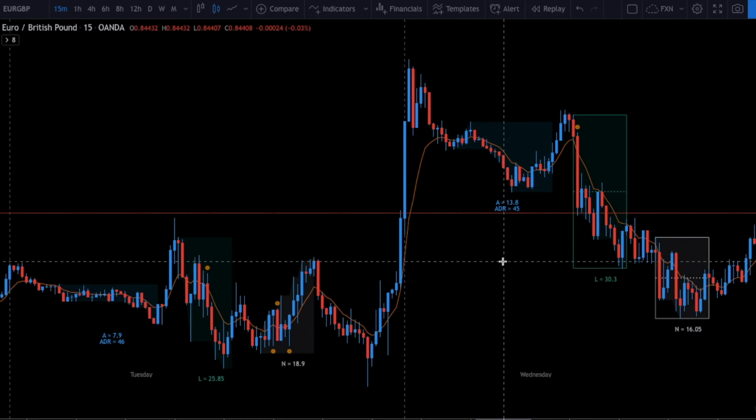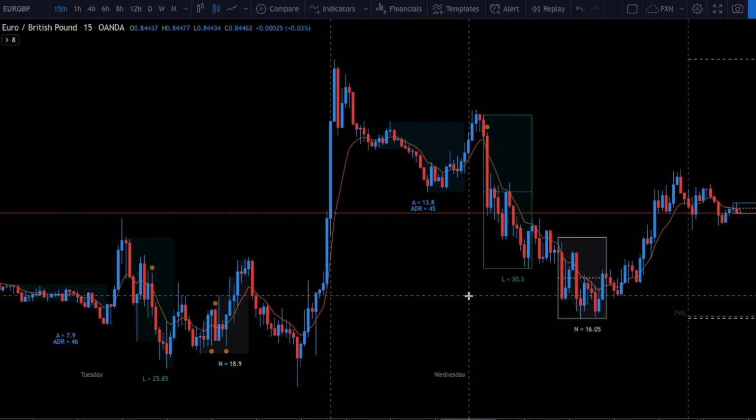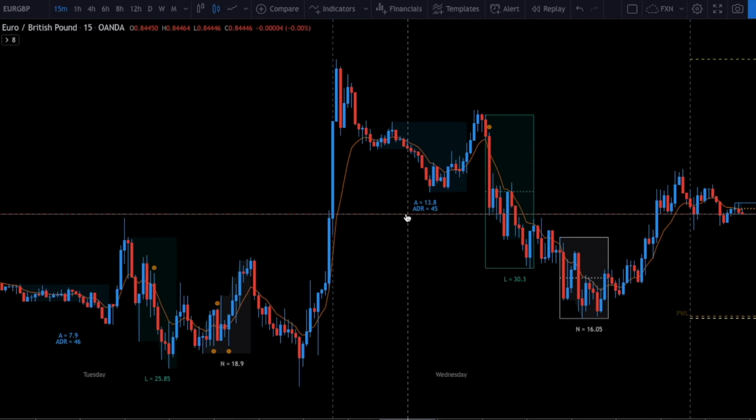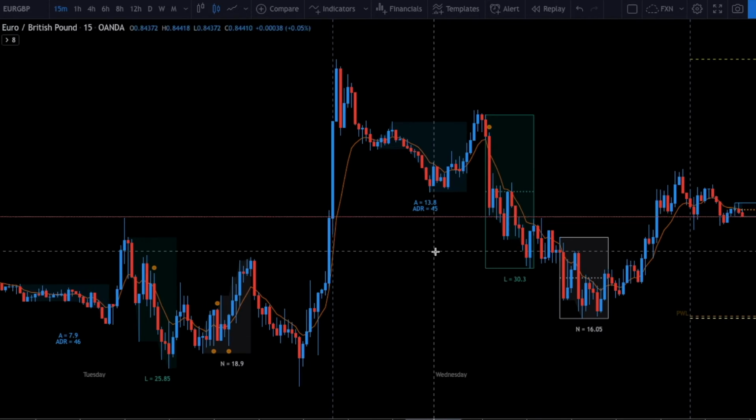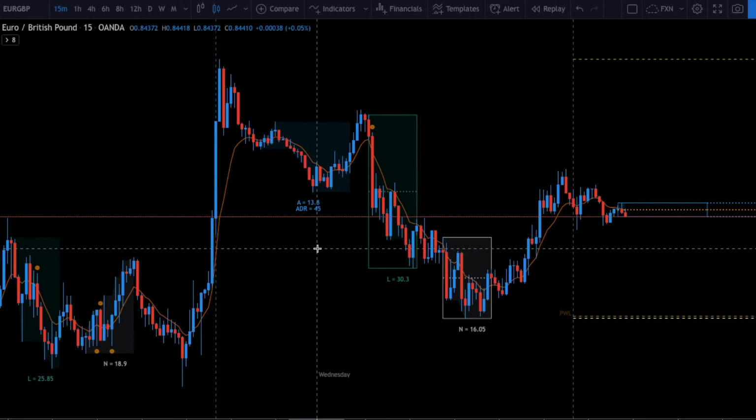Essentially, how I like to use this is to tell me when that particular pair has pretty much exhausted its entire move for the day. This pair right here, the Euro Pound, says it should move about 45 pips on average today, right?